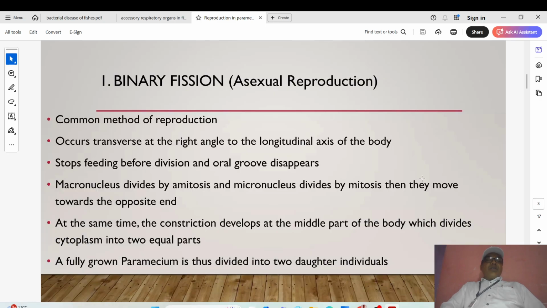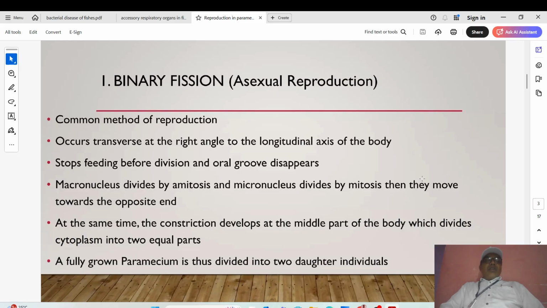It occurs by transverse division at right angle to the longitudinal axis of the body. Before this process, Paramecium stops feeding and division takes place.